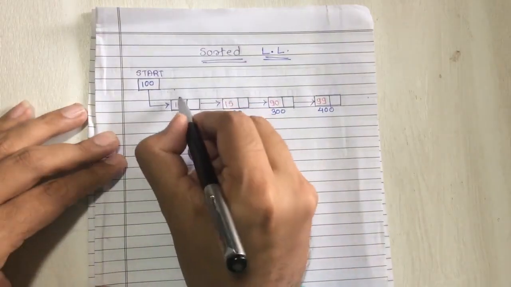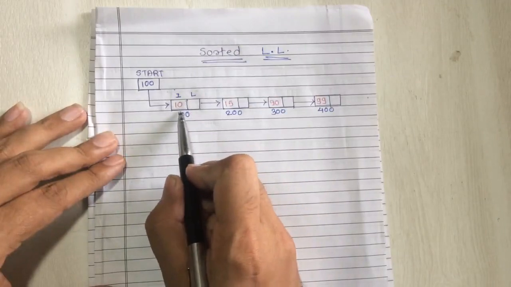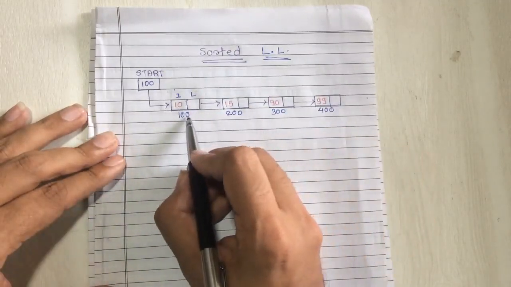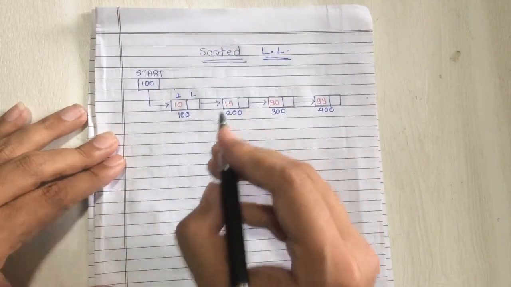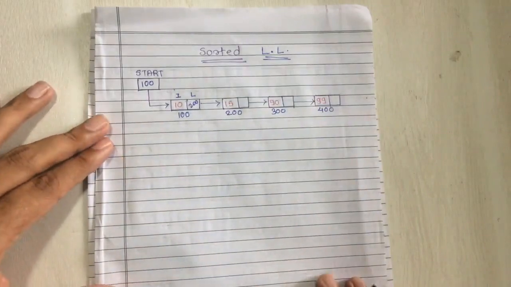So this is the info part and this is the link part. Information of an element is stored over here. The link part will hold the address of the next node. So after 100 we have the next node 200, so 200 will get stored in the link part of the first node.